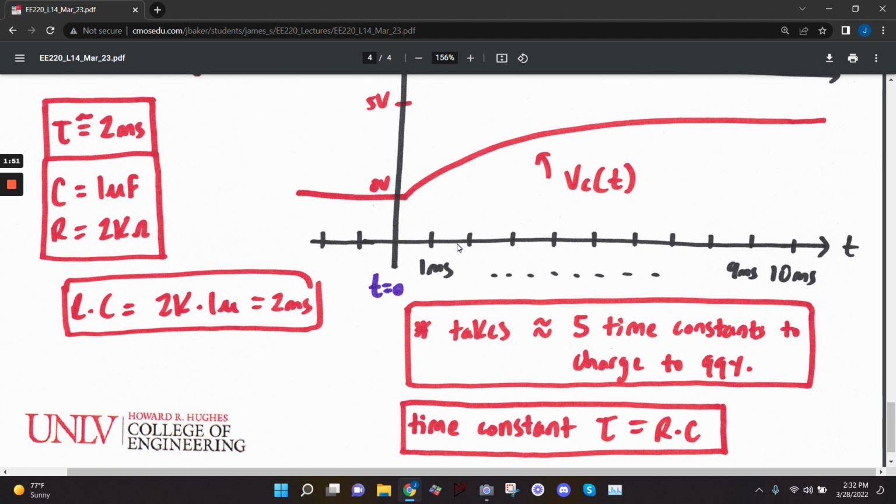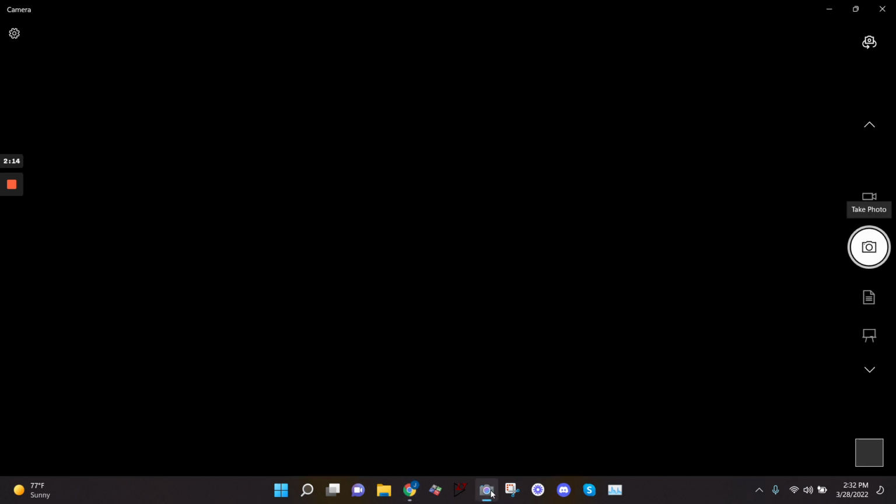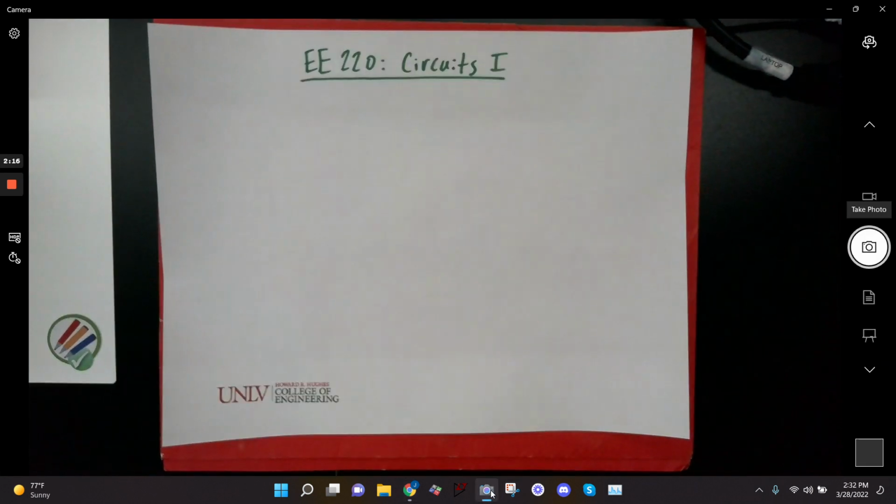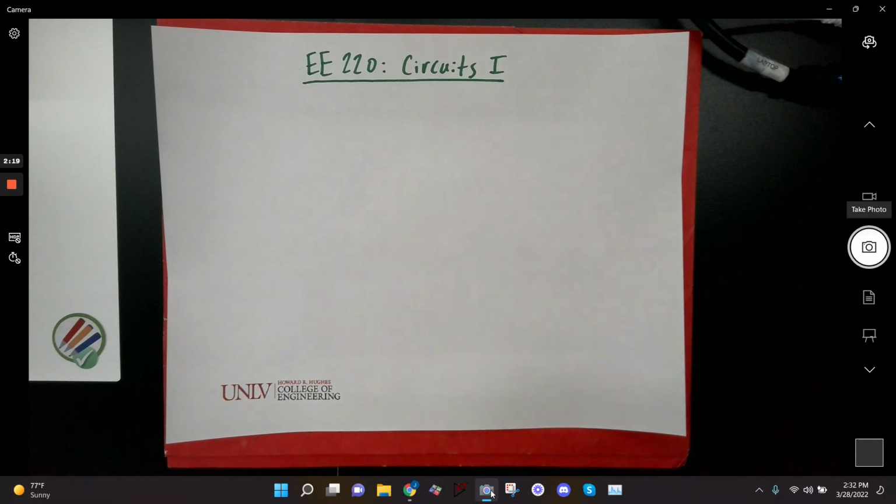So far we talked about the equation CV equals Q, right? The capacitance times the voltage across the capacitor. That basically gives me the charge stored on the capacitor, right? So let me go back to the camera. All right.